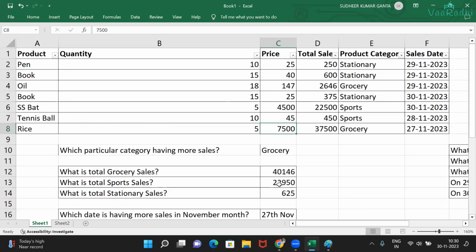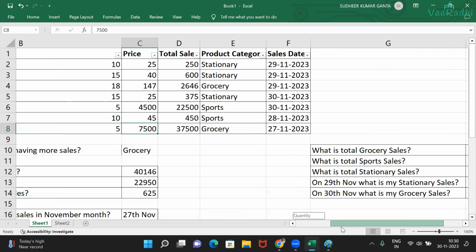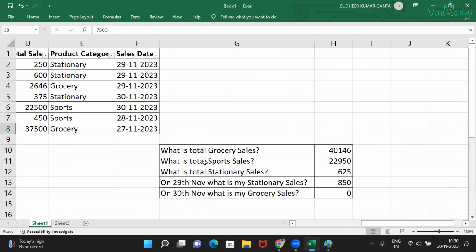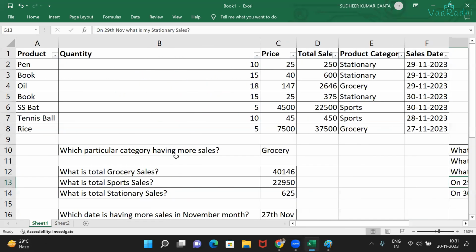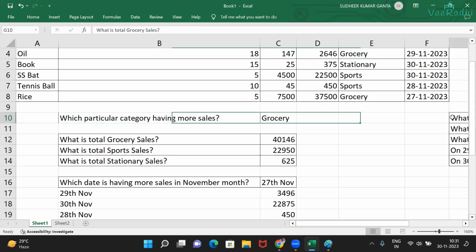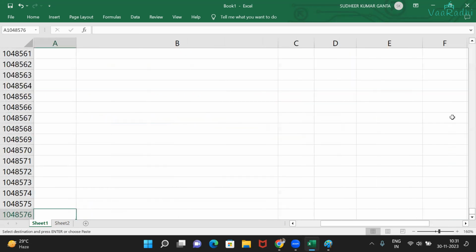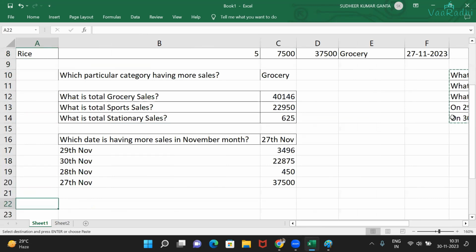So Excel also has a few limitations. True or not? Excel will be able to answer your queries when they are straightforward, like what is total grocery sales, total sports sales, what is stationery sales within the date. But questions like this are analysis, guys. Getting the point?